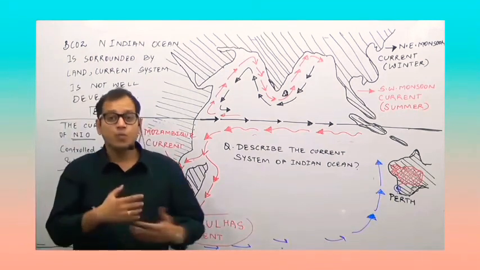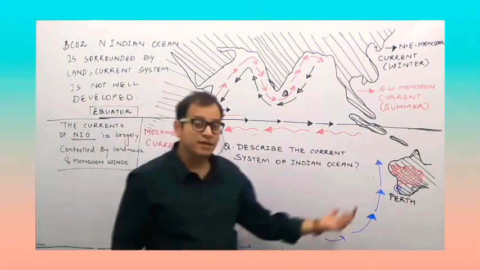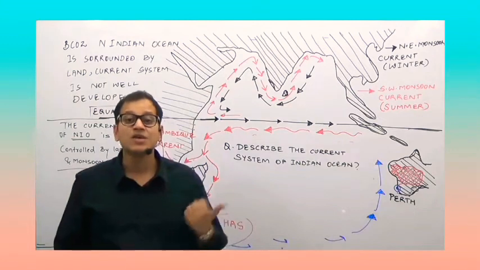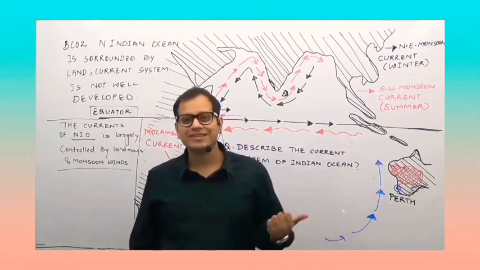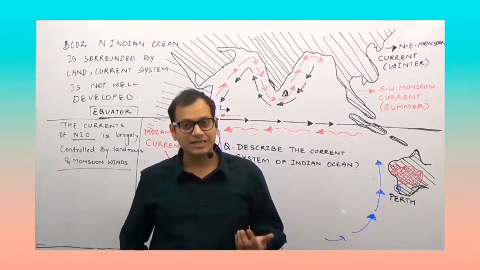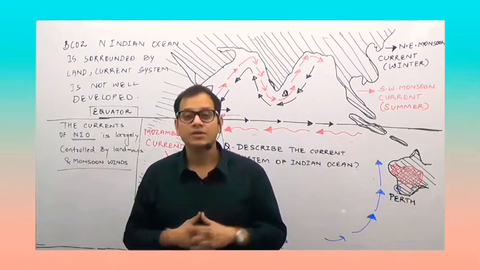On the other hand, the West Wind Drift is deflected northwards, or leftwards, to hit the western coast of Australia as the West Australian current. This West Australian current is associated with the Great Australian Desert. This is the overall general idea of the current system in the Indian Ocean.